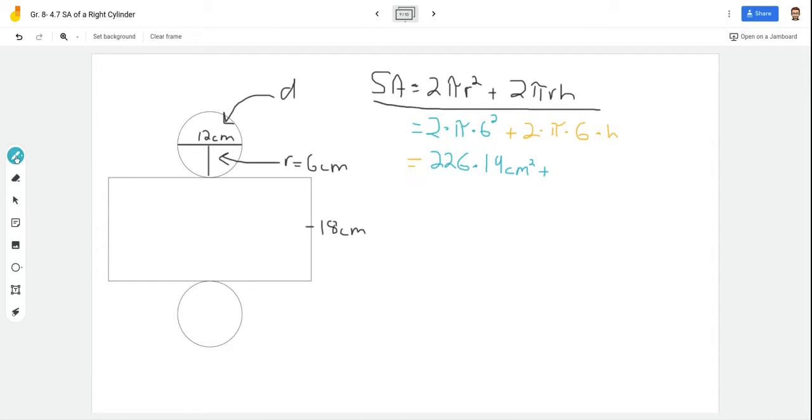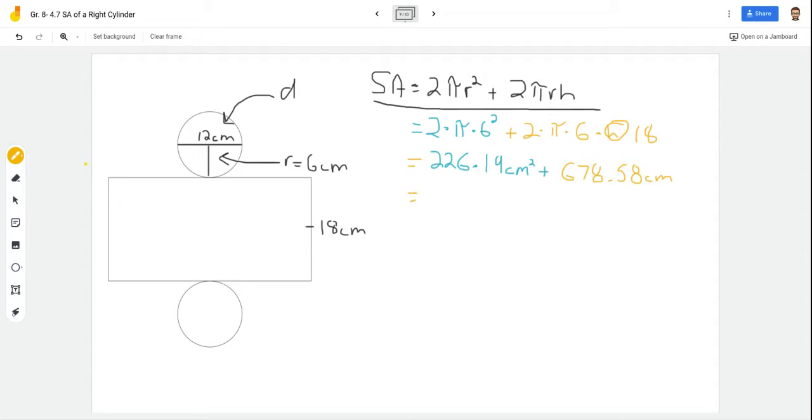Okay, then the second part of the equation, we just plug that into our calculator. That's 2 multiplied by pi multiplied by 6 multiplied by the height, which is 18 in this case. And I would get 678.58 centimeters. Oops, I should have put the 18. The height is 18 right there.